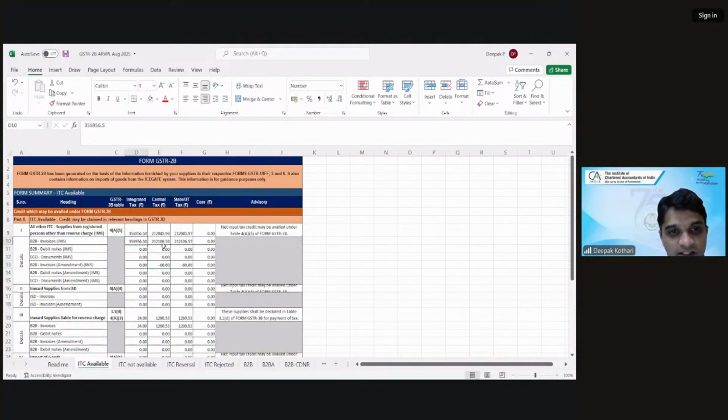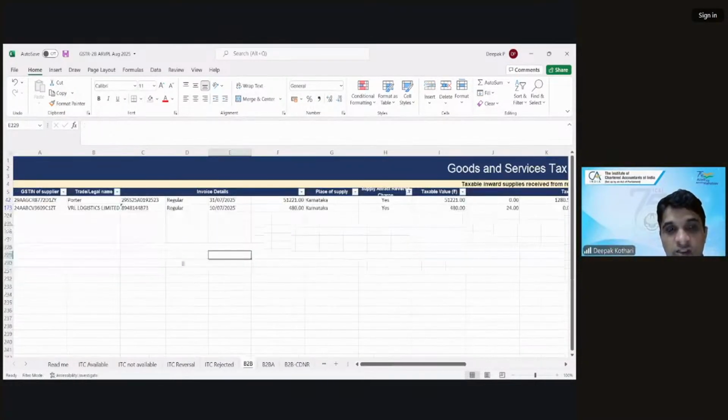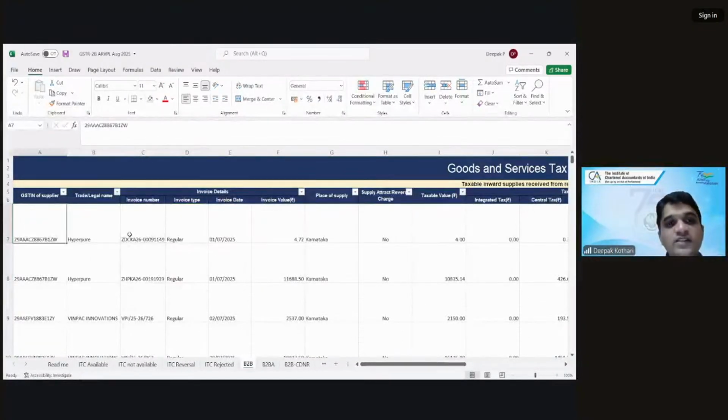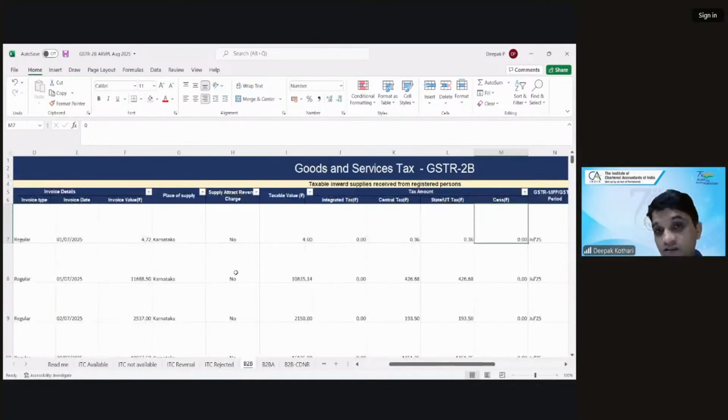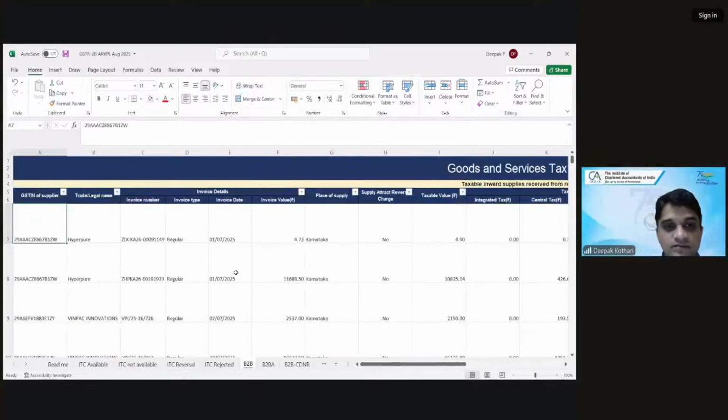Okay, so in your ITC available, you will see that this much amount is available. Why is it available? Because you will see the invoice-wise details here, that these are the suppliers who have supplied to you and you can claim the credit of this. So this is the GSTR 2B we are talking about.